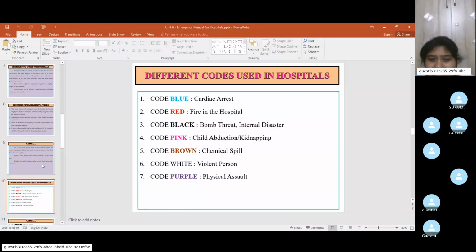That is an internal disaster which happens within the team or within the organization for causing an economic loss or a negative impact on the hospital. So internal is within the institution, between the colleagues, or between the patient and the management.